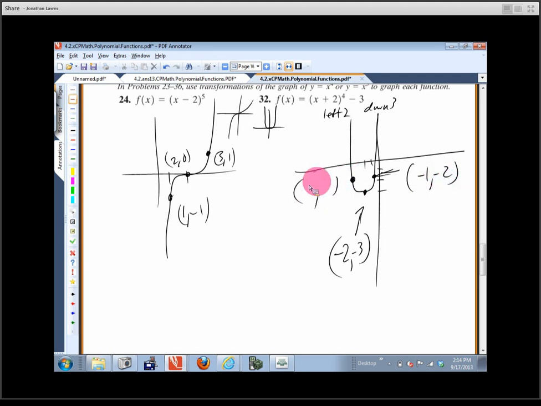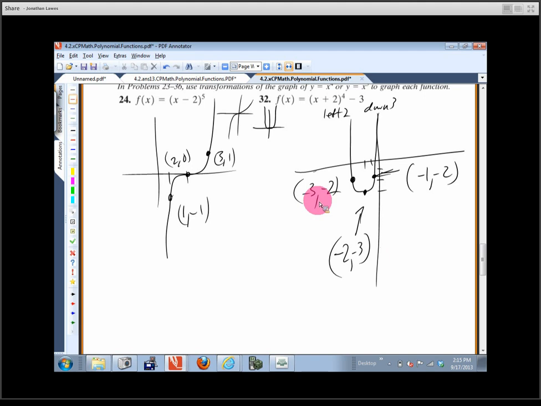Which coordinate do we know for sure without even thinking? These are both on the same horizontal line, so they both have the same y coordinate because we've got that symmetry. We've got an axis of symmetry running down the middle. So if this one is -2 for a y coordinate, this one would be -2 for a y coordinate. Okay? And then -3. Very good.